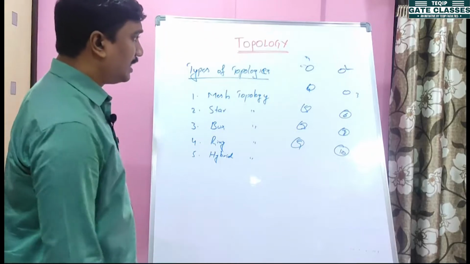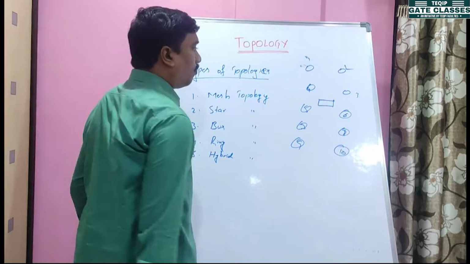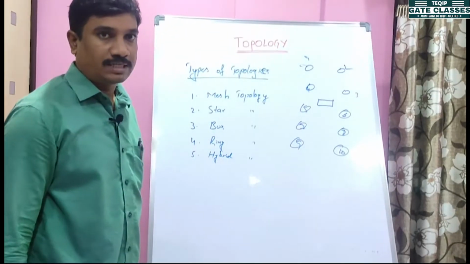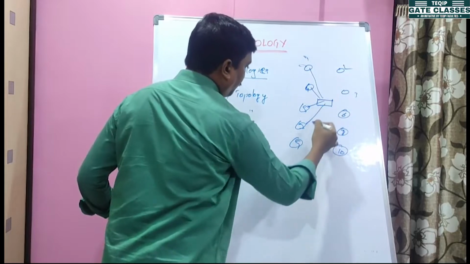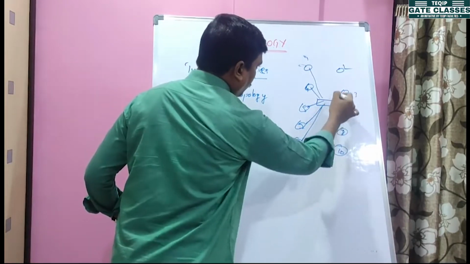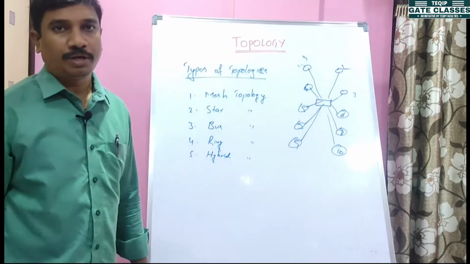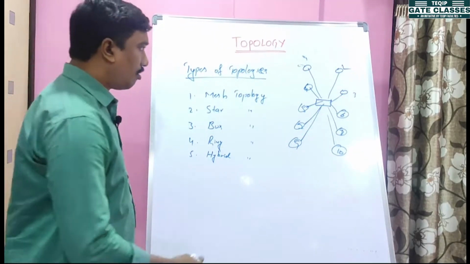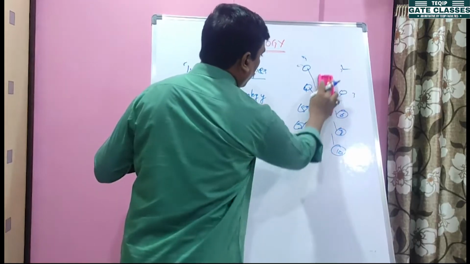So in what way can I arrange them? Suppose I use one central part, which we call a switch or a hub. Then I have to connect all the nodes to that one part. This is called a star topology. Or I don't want another central device.